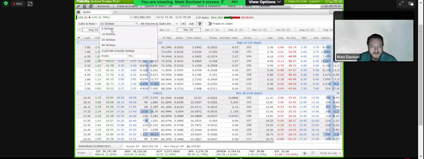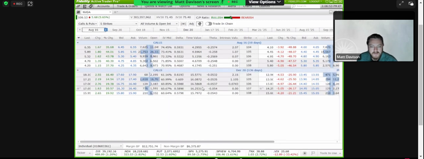I'll just use 5 strikes so we can see them both at the same time. We'll notice that, first of all, there's a lot more time value, even though we're going out 136 days. Notice, however, we get significantly more days on this contract than August. I mean, 10 days versus 136. So this is 13 times more in terms of the time.